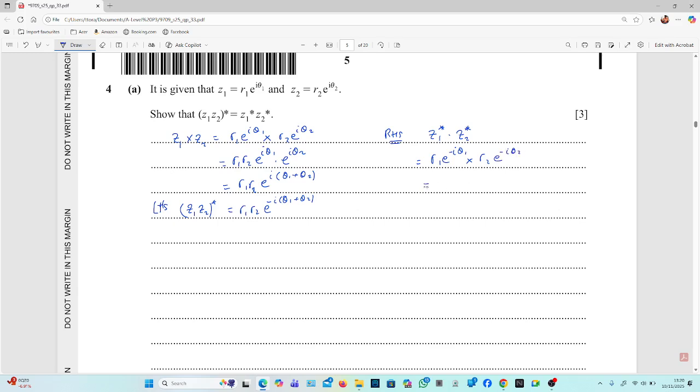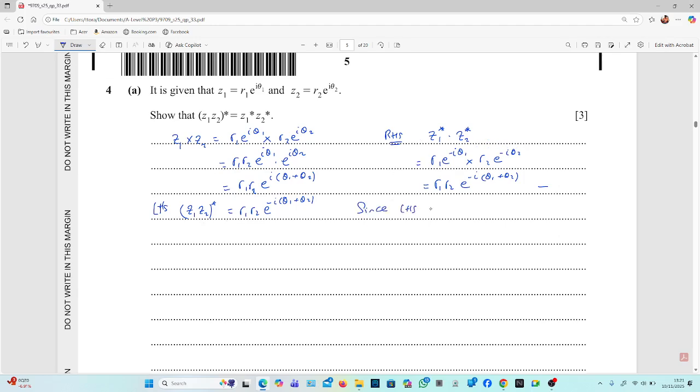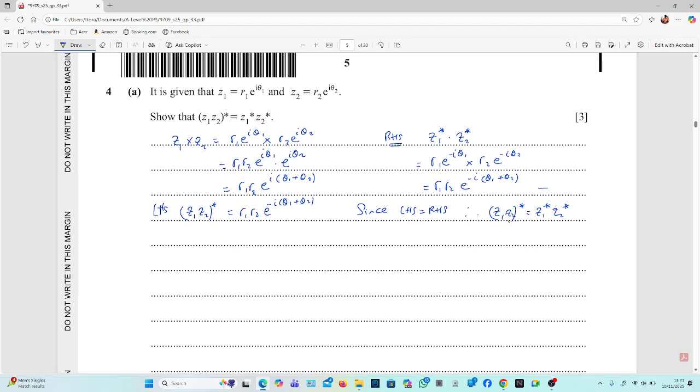If we simplify this, we get R1 R2 e to the minus I, which is common, and inside I've got theta 1 plus theta 2, and so that's the second part here. So the right hand side is equal to the left hand side. These two expressions are the same. So since left hand side equals right hand side, we can conclude that the conjugate of Z1 times Z2 is equal to the conjugate of Z1 times the conjugate of Z2.